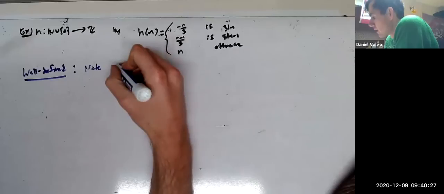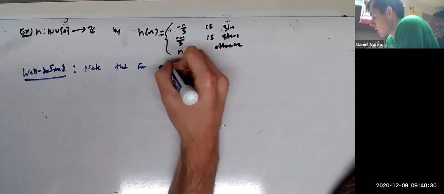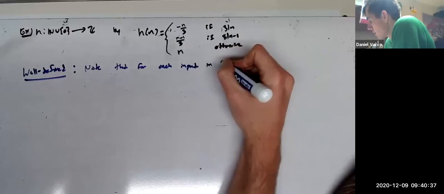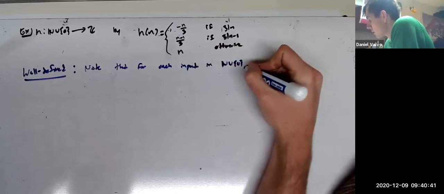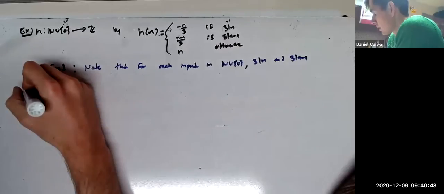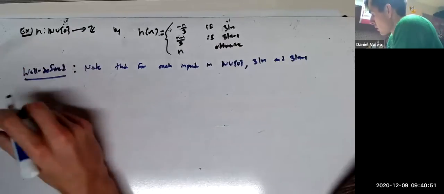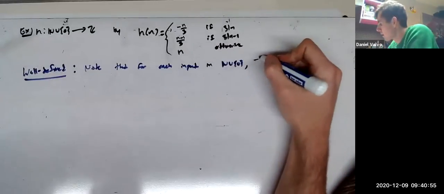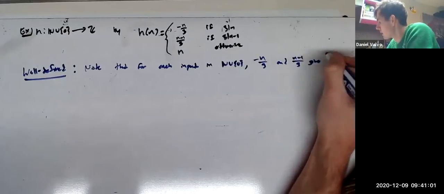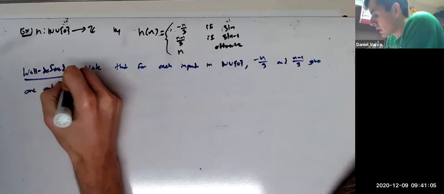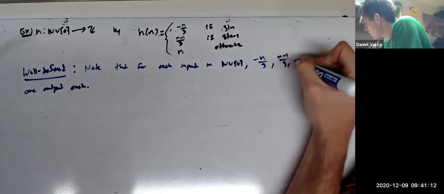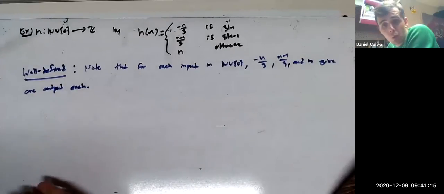We don't want that. So to note that H is well defined, first note that for each input in the natural numbers union 0, negative n over 3, n minus 1 over 3, and n give 1 output each.